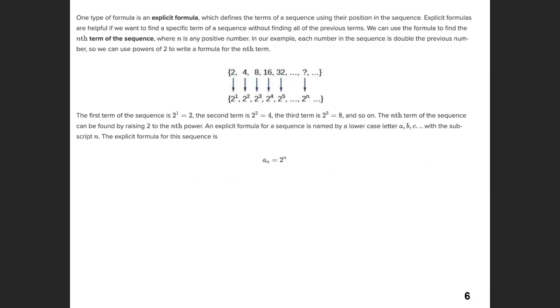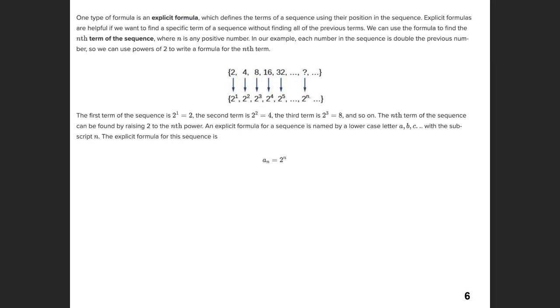Now, there are two different types of formulas that we're going to be learning this week. The first one is called an explicit formula, and that one's the easy one. An explicit formula just gives you the value of any term you want.